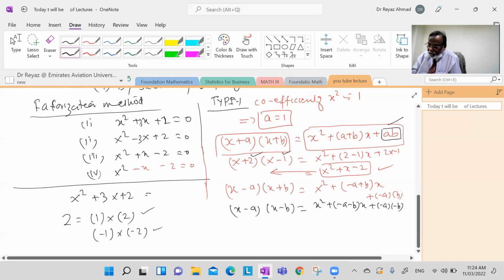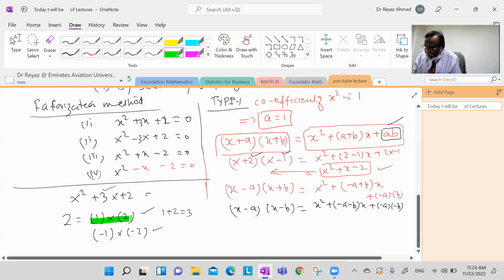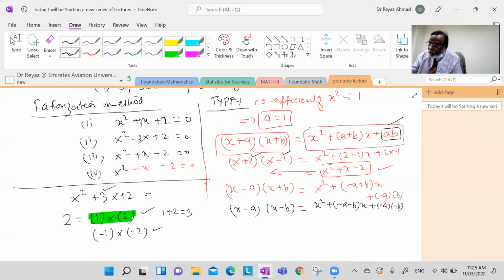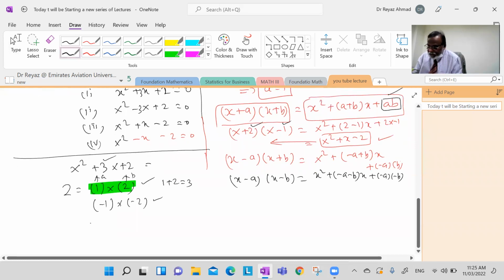Here, the number I am looking for is 3. I see that 1 plus 2 gives you 3, so this is my accepted combination. I will choose one of them as A and one as B, and my answer will be directly x plus 1 and x plus 2, which is the factorization of this expression.